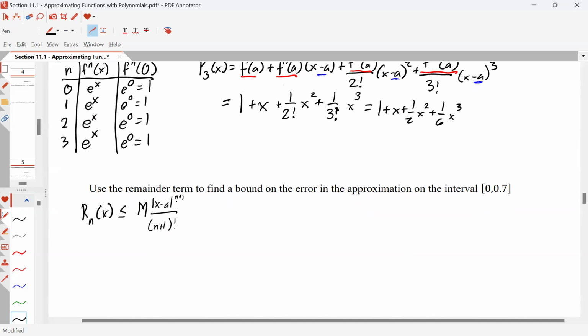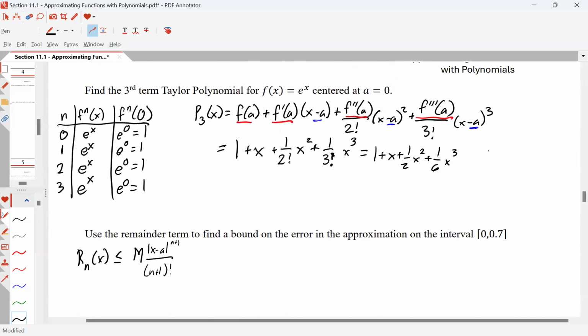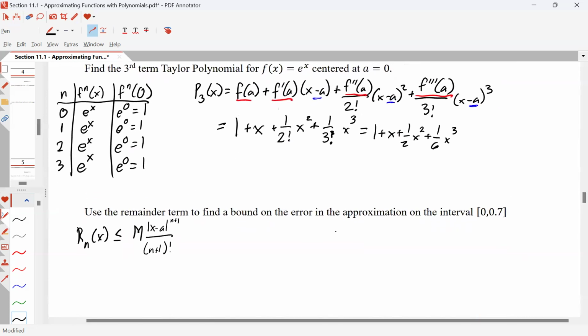We have the third degree Taylor polynomial, so we're looking for the third remainder. So the third remainder of x is less than or equal to M times the absolute value of x minus 0, a is still 0, to the 3 plus 1, which is 4, all over 3 plus 1 factorial.